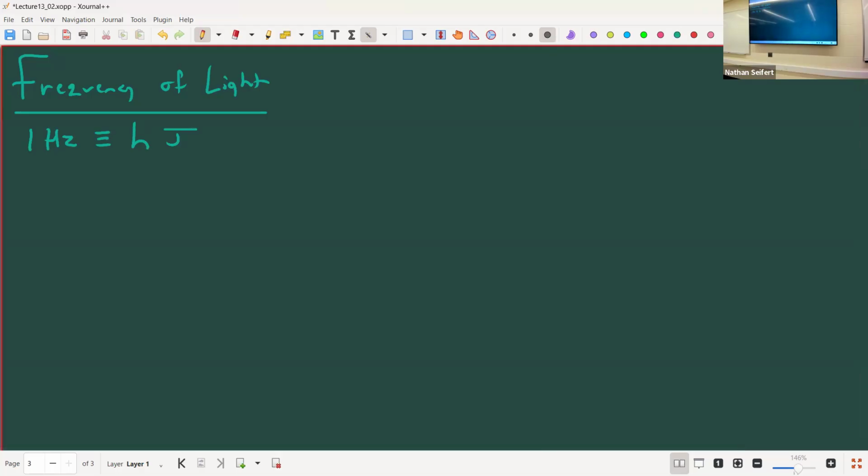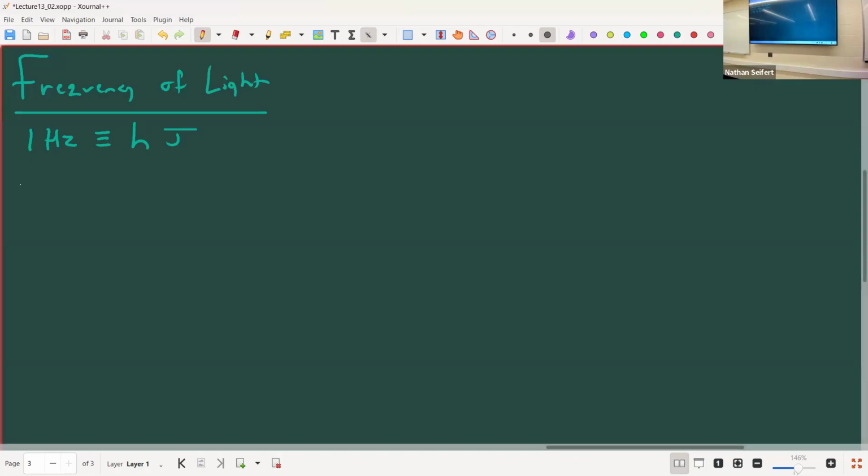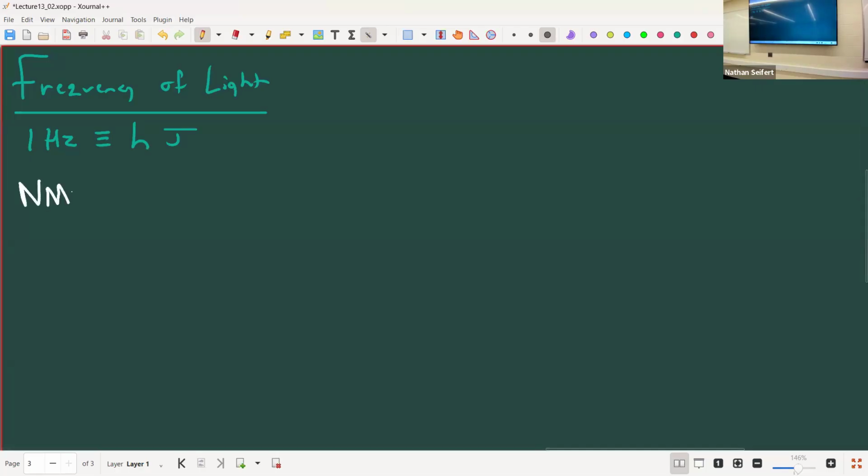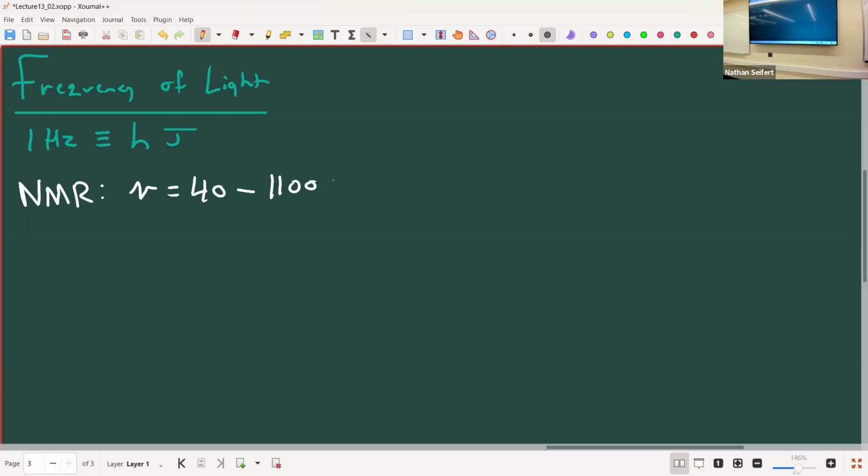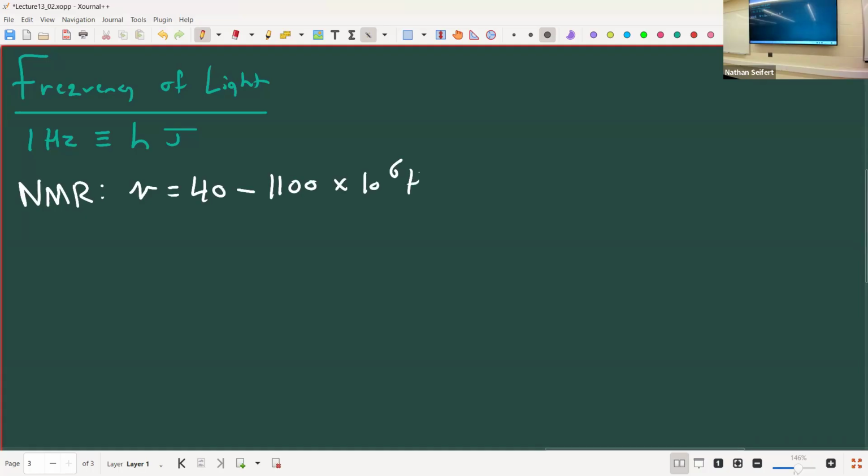Right? And it turns out that there are many very interesting things that go on in microwave radiation, in the hertz regions that we do in chemistry all the time. In NMR, the frequencies range from about 40 to about 1100 times 10 to the 6 hertz, which is anywhere between 40 and 1100 megahertz.